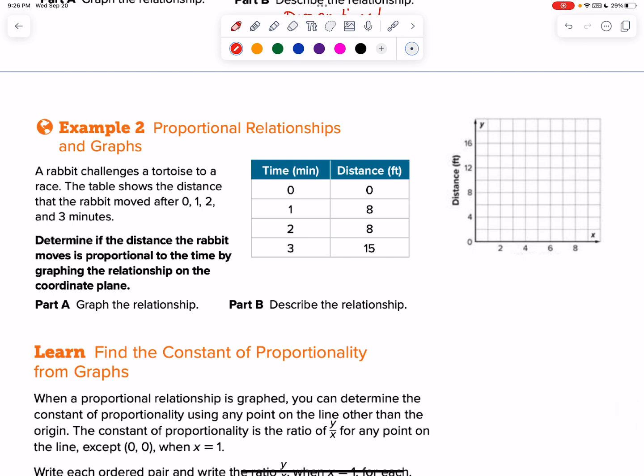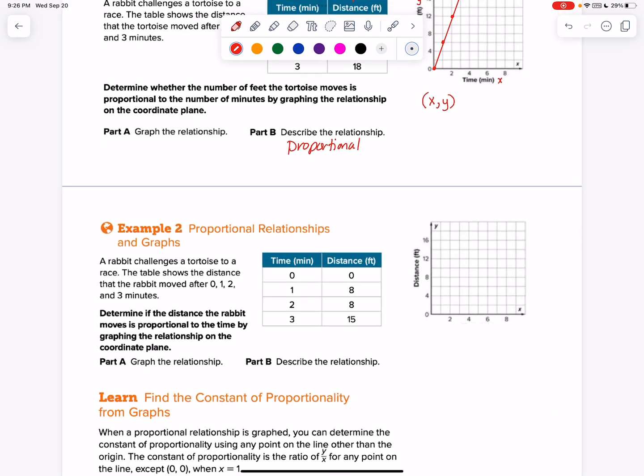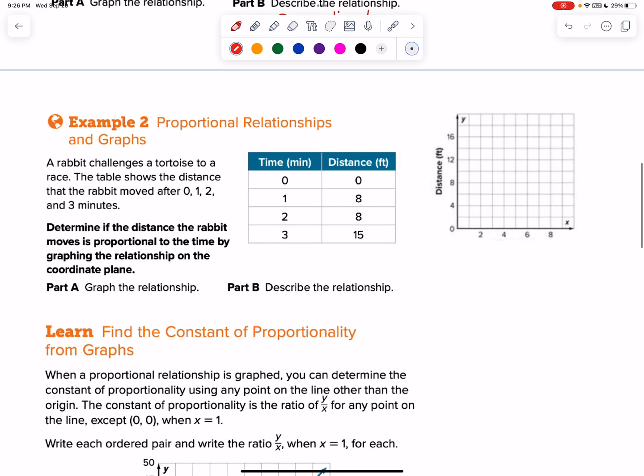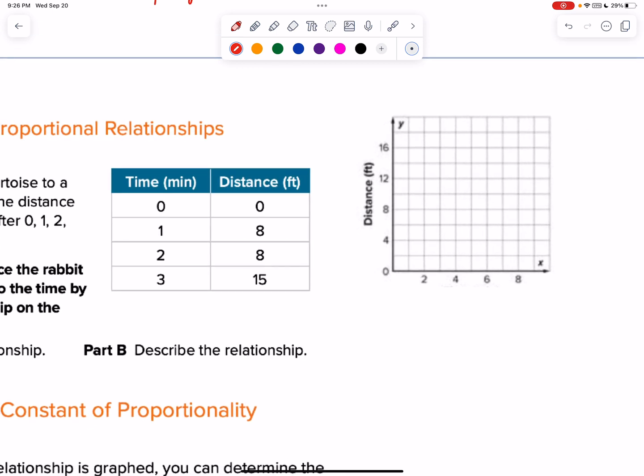Let's determine if the relationships are proportional. Let's start by graphing it. Notice they're giving you distance here, which means this is time. So I'm going to label that time in minutes. This is my x-axis and this is my y.